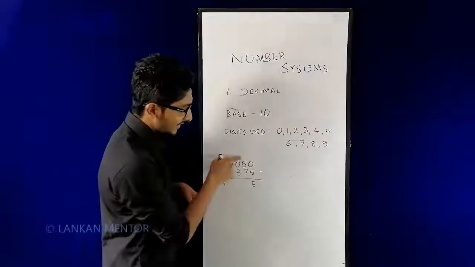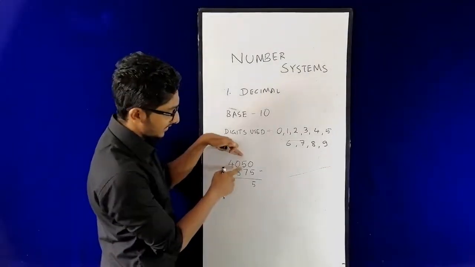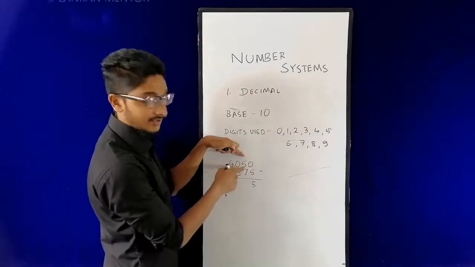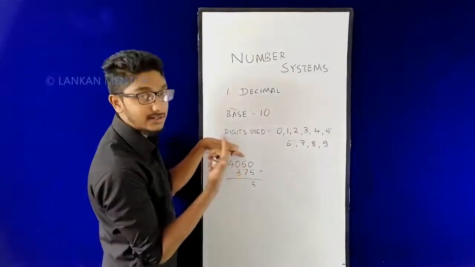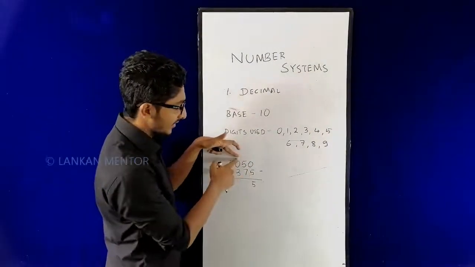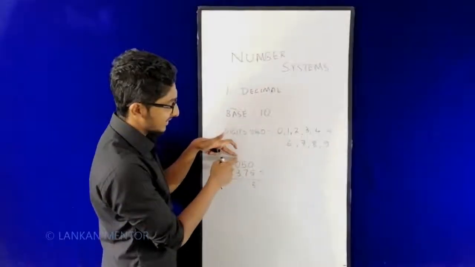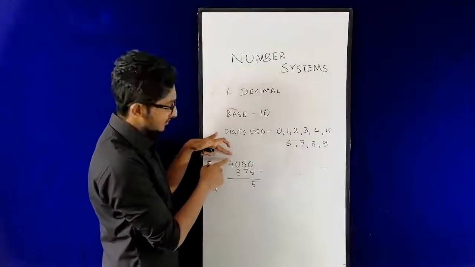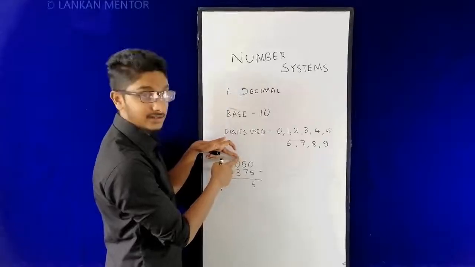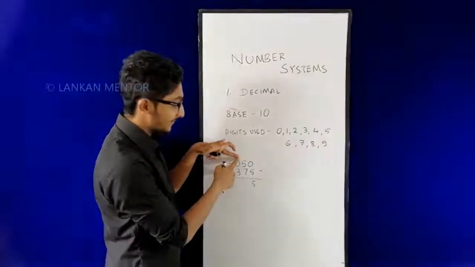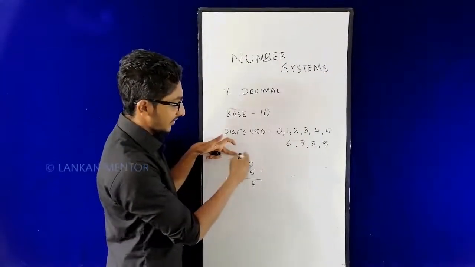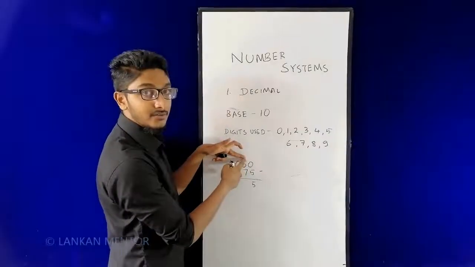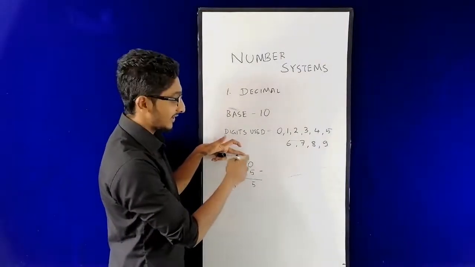Now here we have 4, and 1 is gone. So 4 minus 7 is not possible, so you again borrow 1 from here. There is nothing here, so again from here. 1 from here comes out as 10, and from that 10 you borrow 1, so it again comes out as 10.